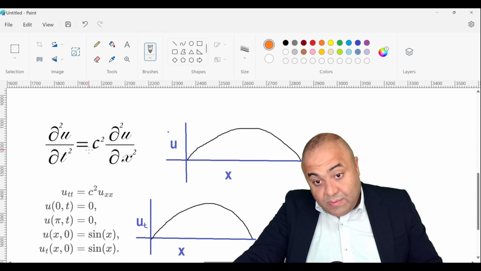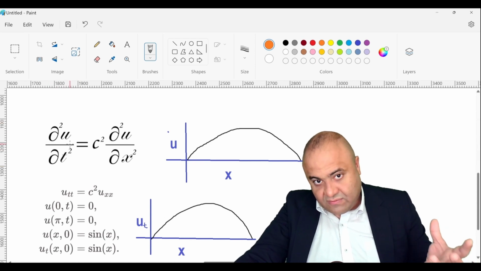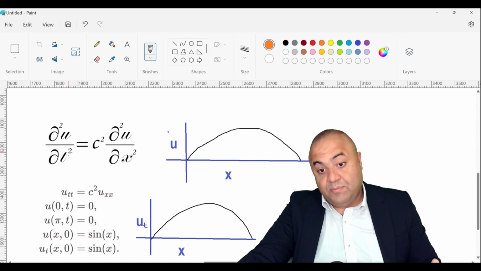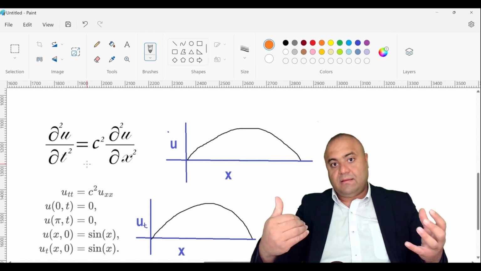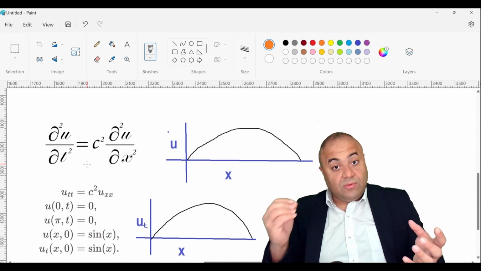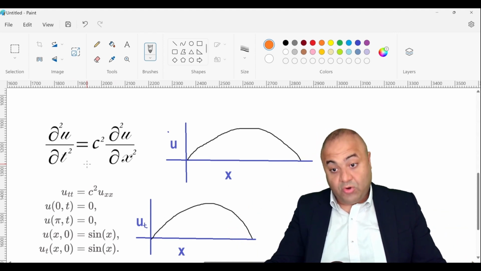And then it will be equal to the second derivative of u with time. As time progresses, by solving this equation, at every time step, if we are doing a numerical solution, we can solve this problem.